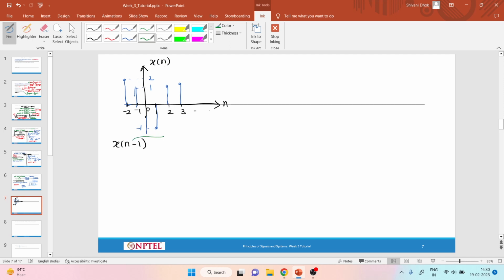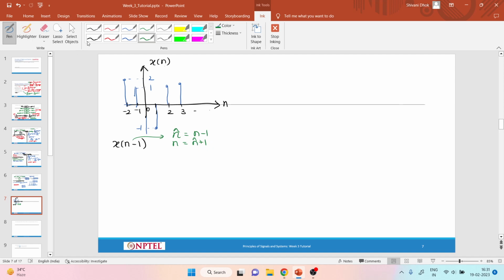Let me label the argument n hat equal to n minus 1, so n equal to n hat plus 1. Whatever was initially present at 0 will now be available at n hat plus 1, that is 0 plus 1, that is 1.